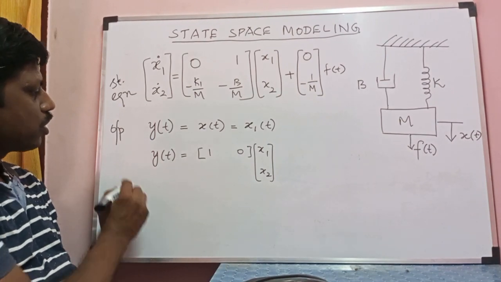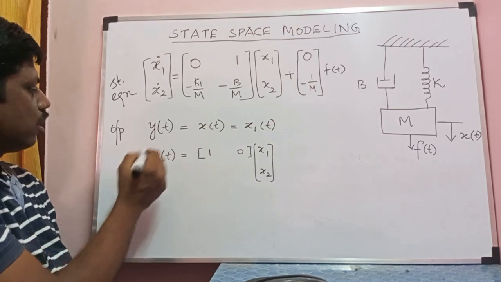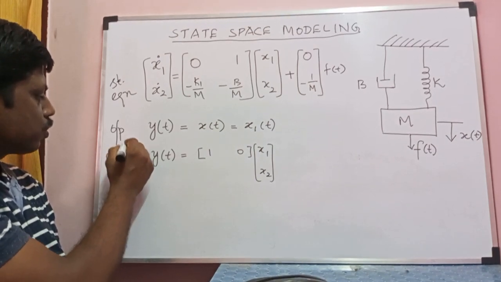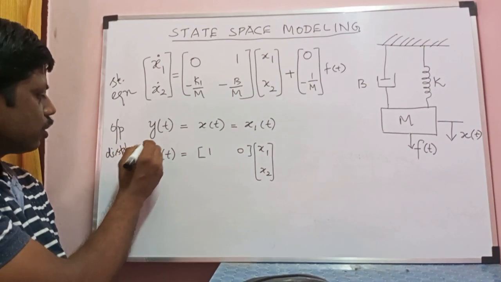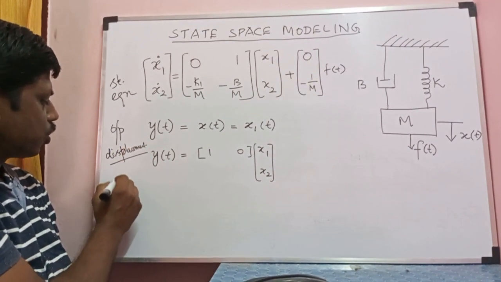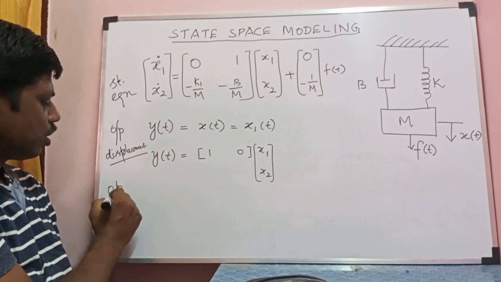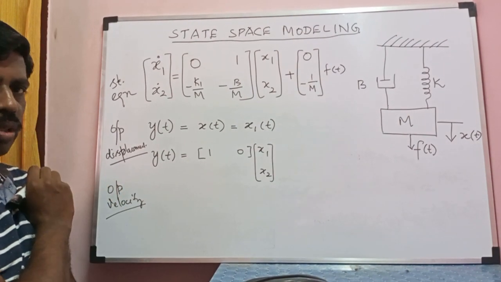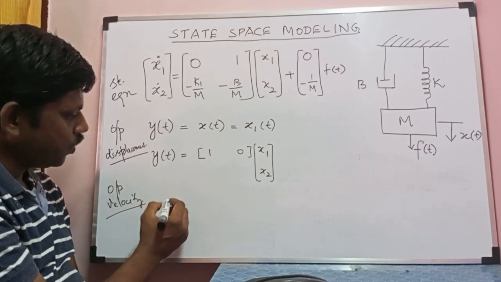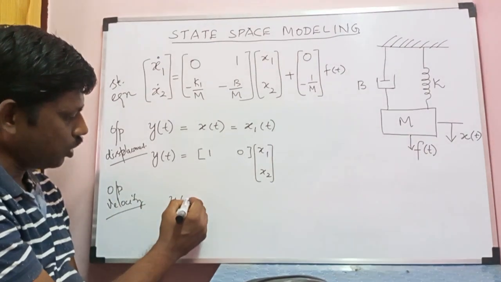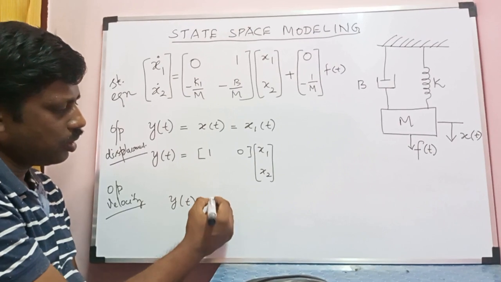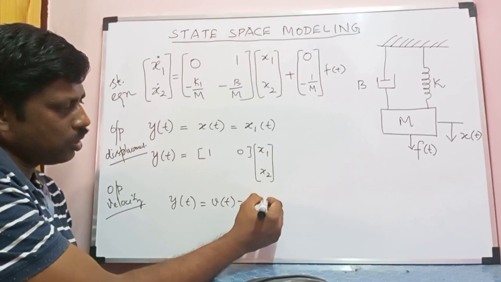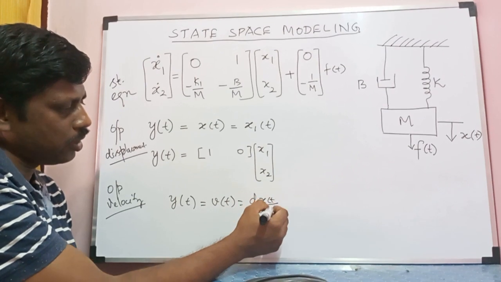Here I have taken the displacement as the output. Now I'm going to take the velocity as the output. In that case, what is y of t? Velocity is nothing but dx of t by dt.